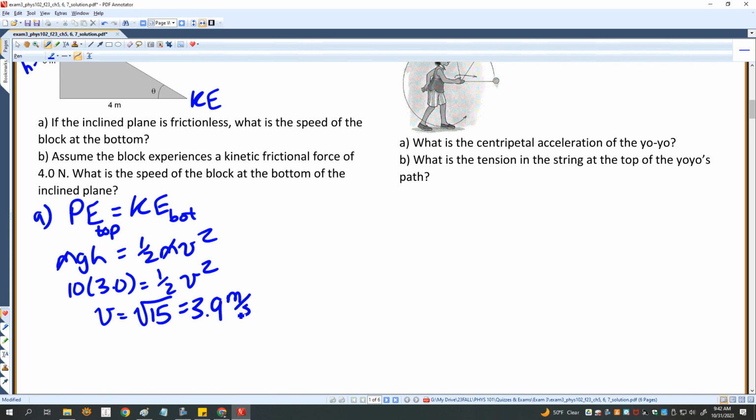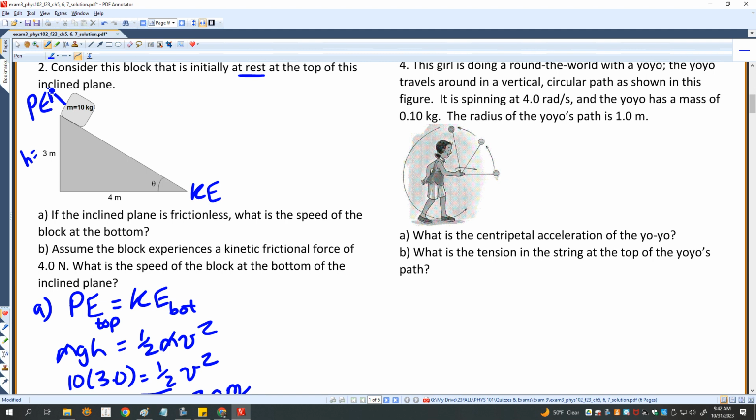Now, I have this frictional force as this block moves down. I have a frictional force of 4 newtons that takes energy away from that object as it moves across this distance. I'll call that D. That's equal to 5 meters. This is a 3, 4, 5 triangle. The square root of 3 squared plus 4 squared is equal to 5.